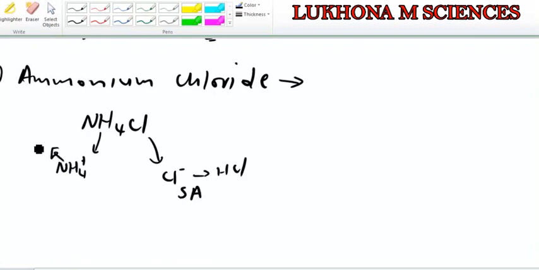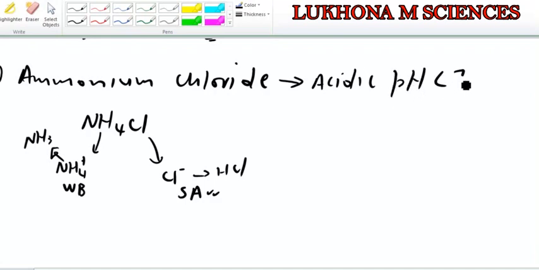Ammonium ion is from ammonia, which is a what? A weak base. Therefore, the strong acid will take over, meaning that ammonium chloride is acidic. The pH of the ammonium chloride is less than 7.